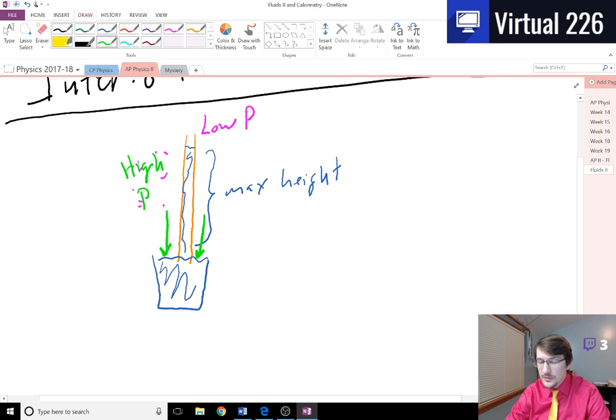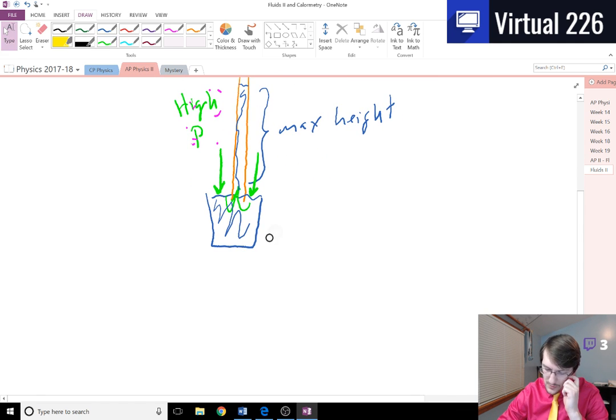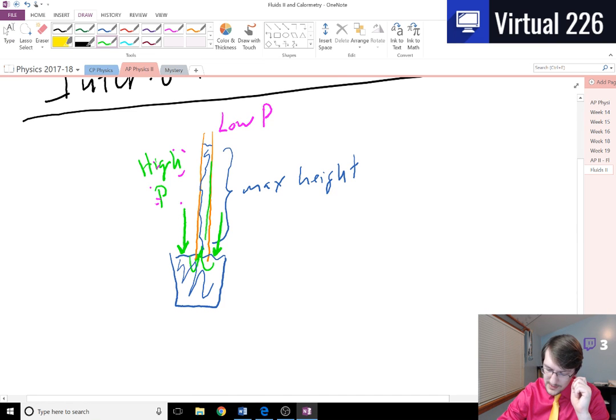Since the water is incompressible, it needs to move somewhere. Now, if you didn't have this low pressure situation up top, the high pressure would be pushing here as well, and you just wouldn't get anything. It'd all be equal. But since you have this low pressure region, as this high pressure is pushing down, it actually pushes the water up the tube. That's what happens there. And then we get the water to rise up.